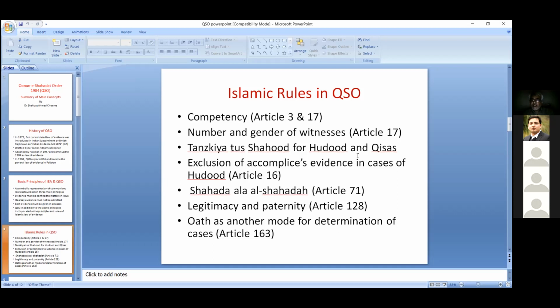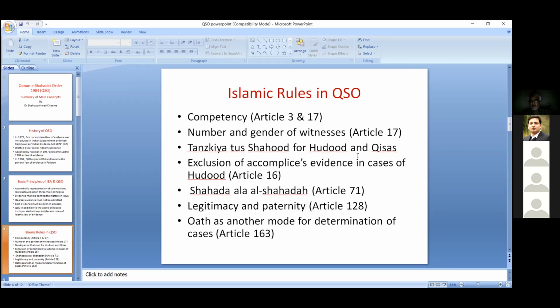The distinction is basically on the fact that in those circumstances where Islamic punishments are inflicted or applied, maximum caution is applied to ascertain the competency of a witness in context of Islamic provisions, because an accomplice is a self-proclaimed offender.